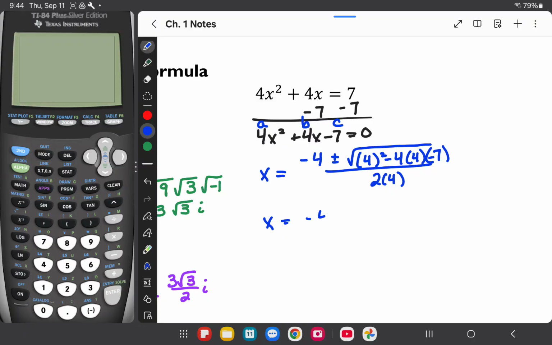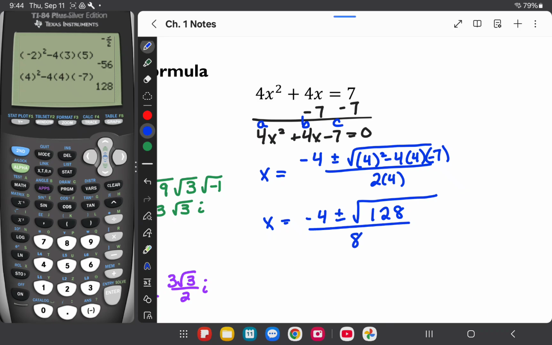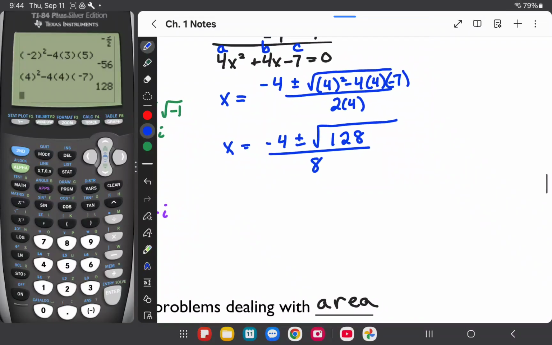Simplifying this, we end up with negative 4 plus and minus the square root of, I'll go ahead and use a calculator for this part, so I'll take 4 squared minus 4 multiplied by 4 multiplied by negative 7 to figure out that the number underneath my radical sign this time is 128. And then simplifying the denominator of my fraction, 2 multiplied by 4 is going to give me 8.